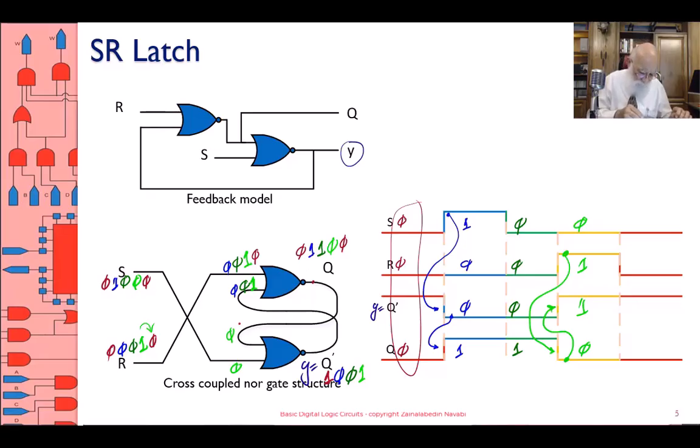That 0 propagates back to here. This is 0. The S is also 0. And therefore, the lower NOR gate has 2 zeros on the inputs, and the output remains as 1. And therefore, what I have here is a 0, a 0, a 1, and a 0.